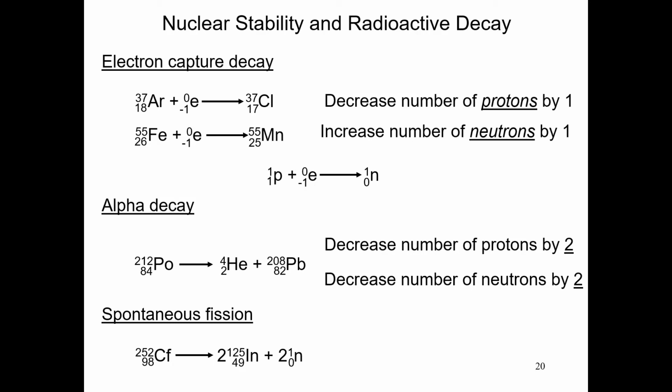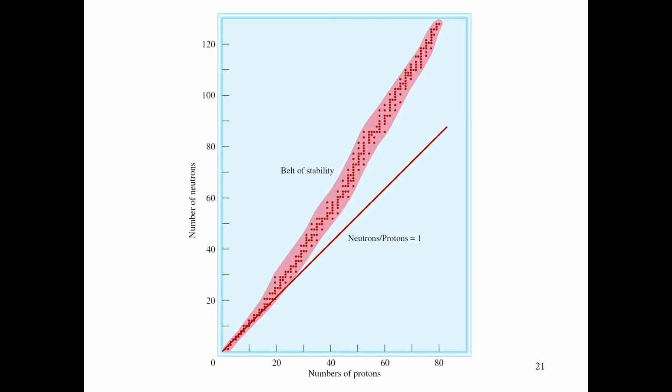Let's go back to that chart that we did earlier, where we projected for different elements, according to their atomic number or the number of protons, how many neutrons are in each one of their isotopes. Remember that for small atoms, a 1-to-1 ratio of neutrons to protons is pretty much where the stable isotopes are.